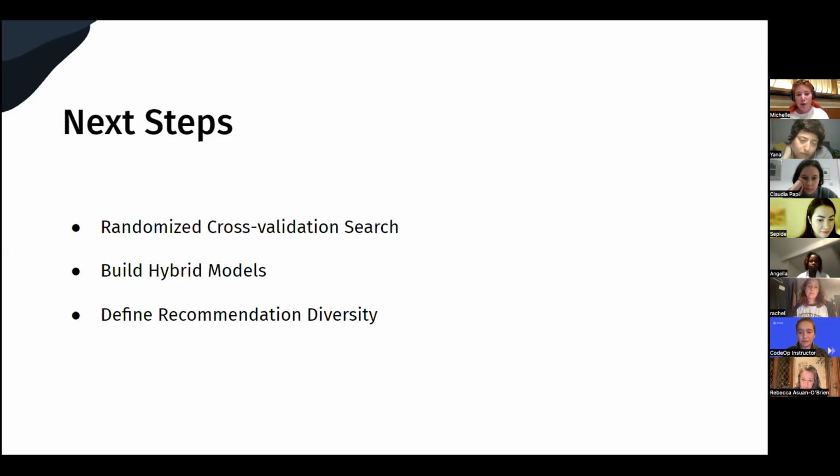We could also build hybrid models, maybe combining neighbors with popularity or even with content-based methods, which we started but did not finish. Apart from getting the similarity based on scores, we could find similarity between items and users based on features in the text reviews, not just the score numbers.